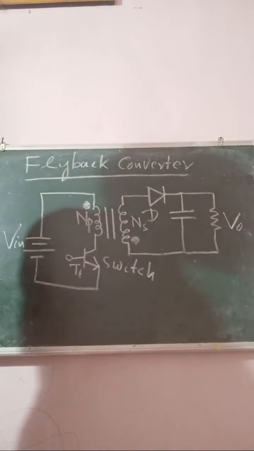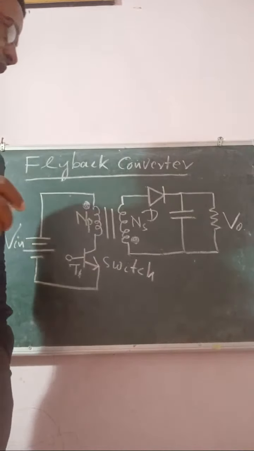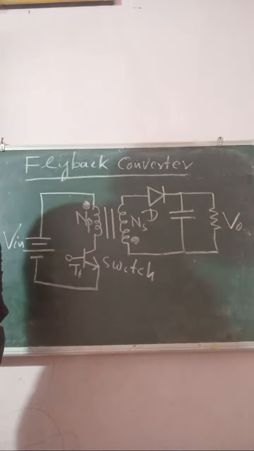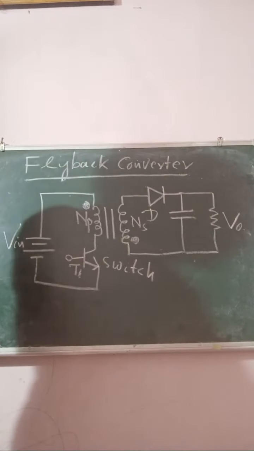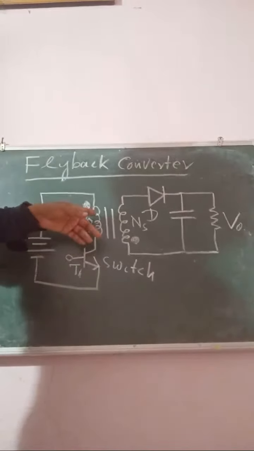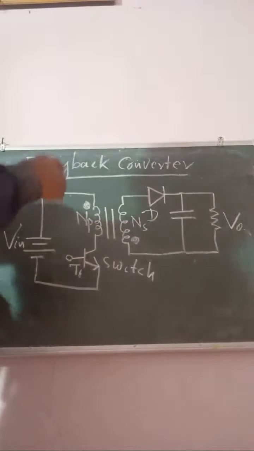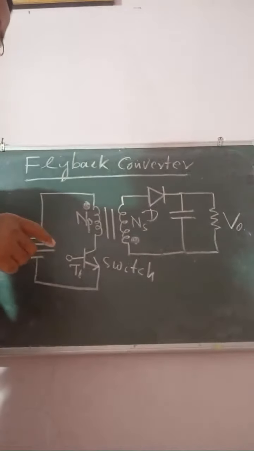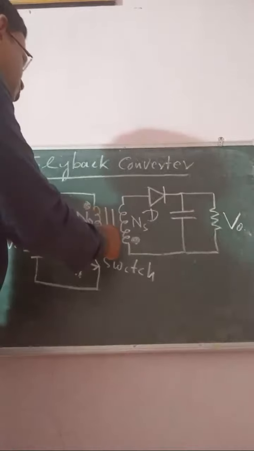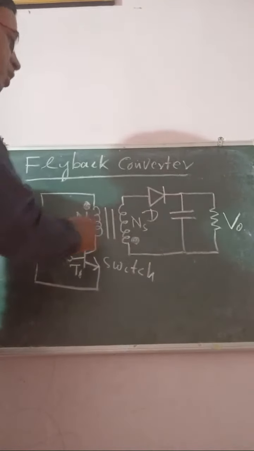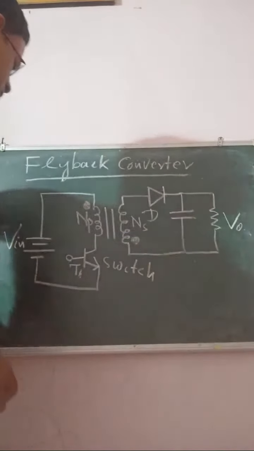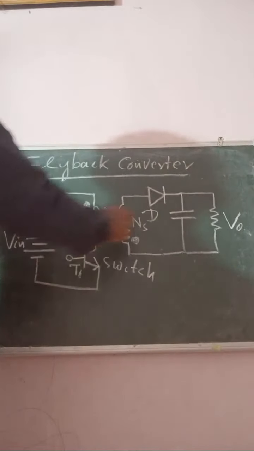A resistor cannot store electrical energy, but it consumes or dissipates it. So the main function of the transformer here is that it stores electrical energy and isolates the source from the load.